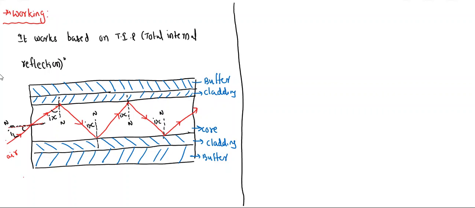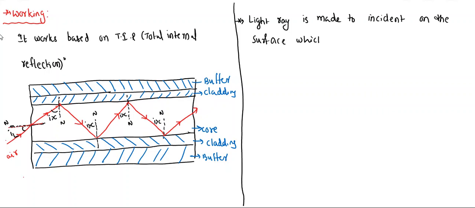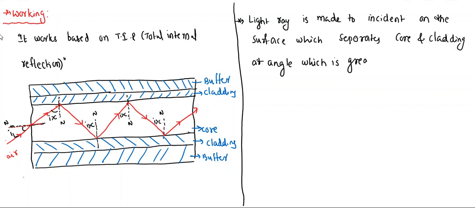Okay. Now if you want to write some information: the light ray is made to be incident on the surface which separates the core and cladding at an angle which is greater than the critical angle.